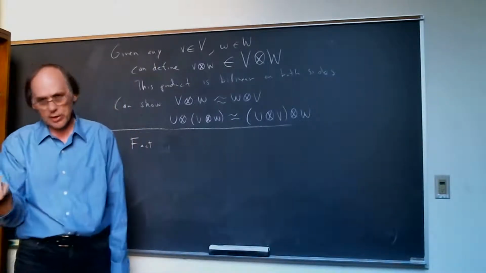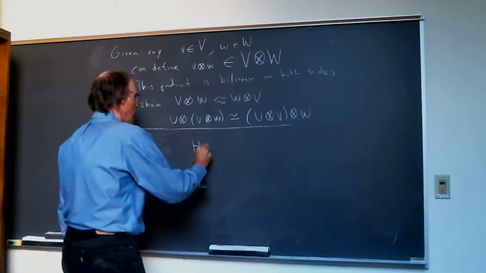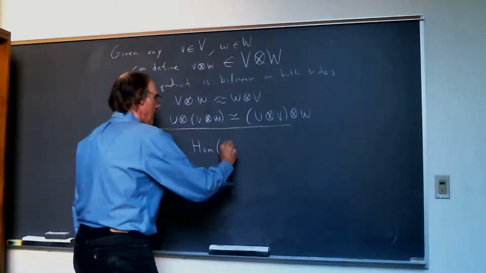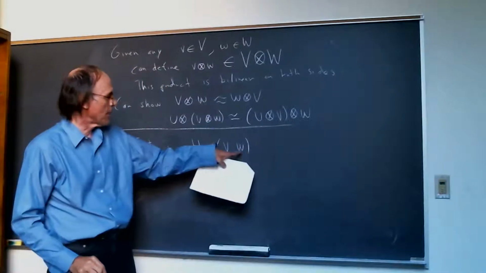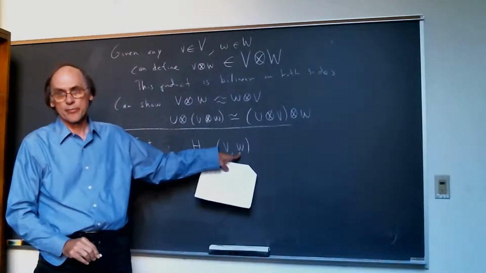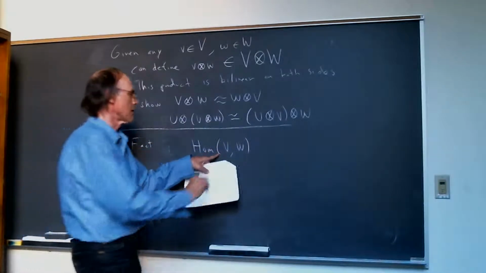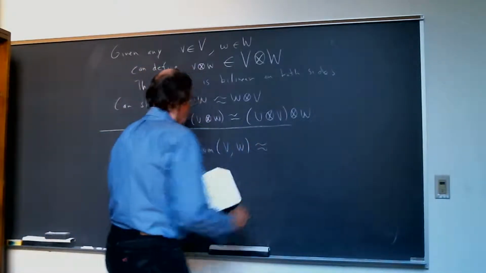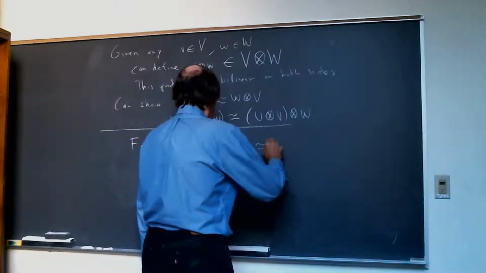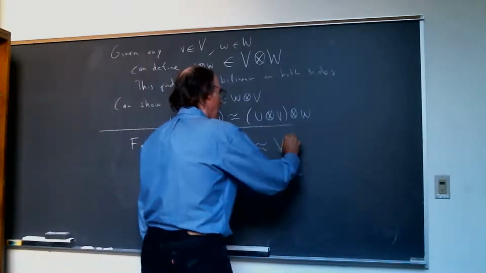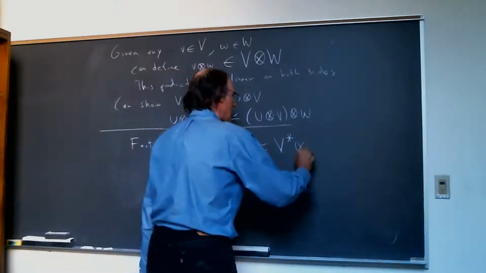Very often you want to look at linear maps, what I'll call Hom(V, W). This is linear maps from this vector space to this vector space. Well, it turns out that this can also be thought of as V star, the dual space, tensor W.